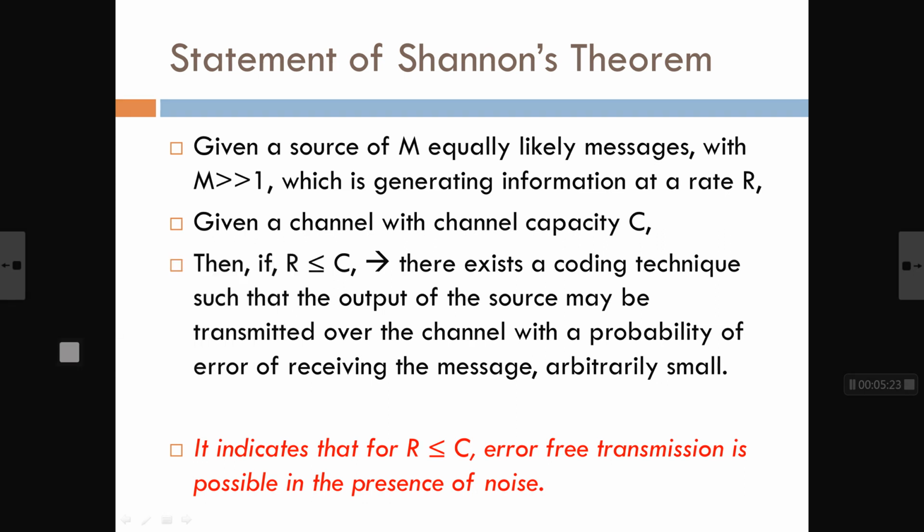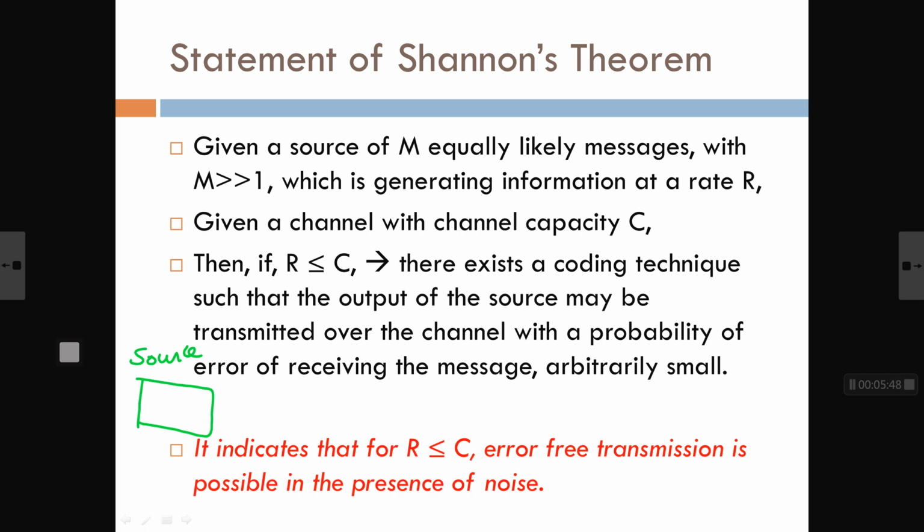Given a source of m equally likely messages such that m is much greater than 1, which is generating information at the rate r. So we have two things. One is we have a source which is generating m equally likely messages. Why equally likely messages?